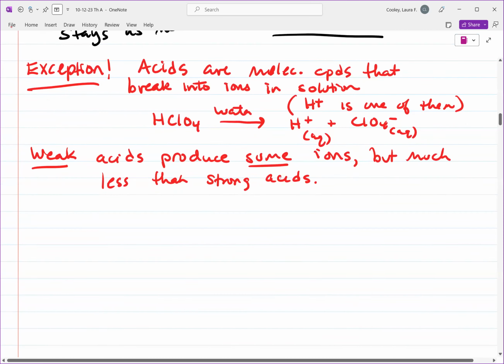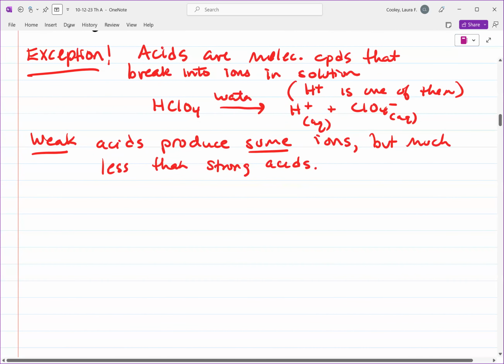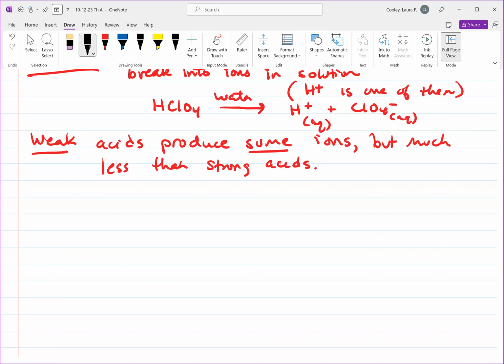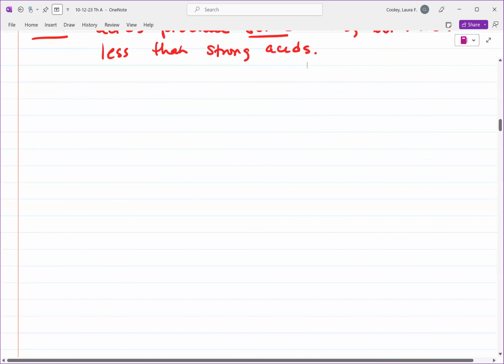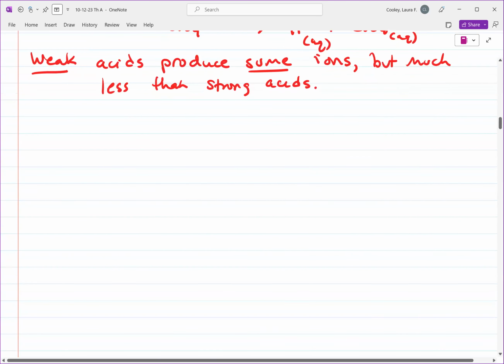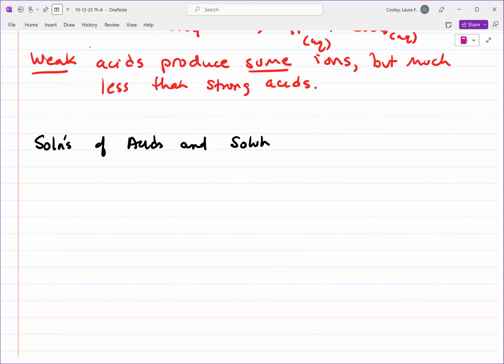Now I want to talk about a property of solutions of soluble ionic compounds and acids. It turns out that when you put these compounds in solution, that solution conducts electricity. So solutions of acids and soluble ionic compounds can conduct electricity.